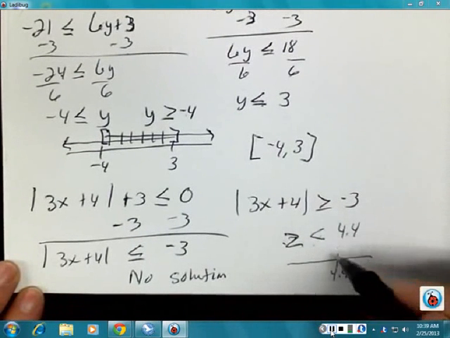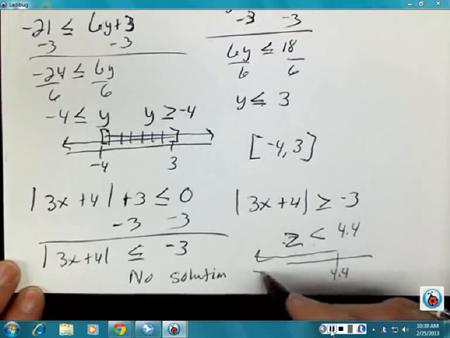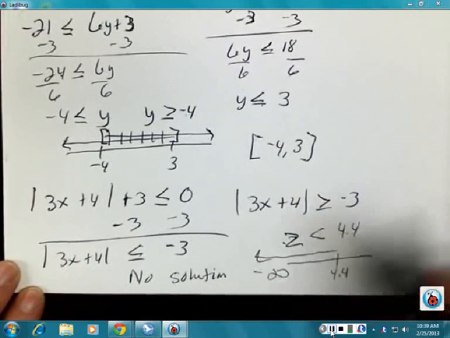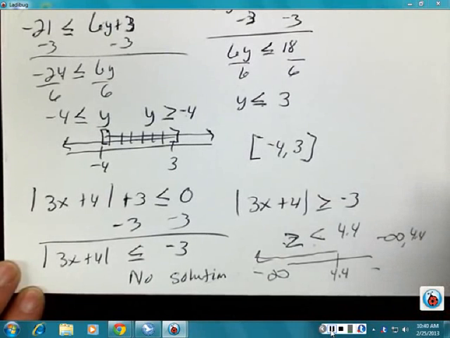It's showing me to go this way. Where is it heading? It's negative infinity. Then you read your number line just like you're going to put in interval notation. So I'm at negative infinity, so negative infinity first, comma 4.4.